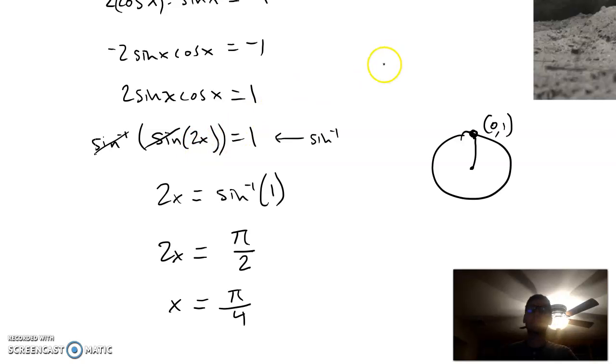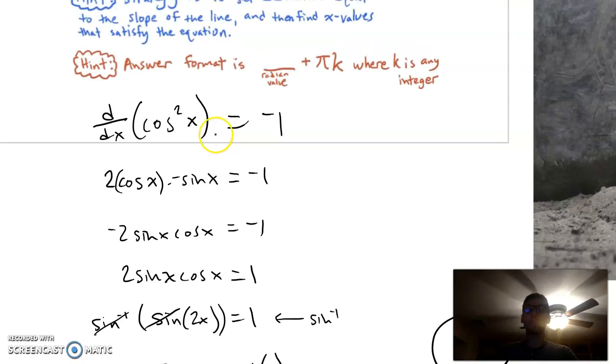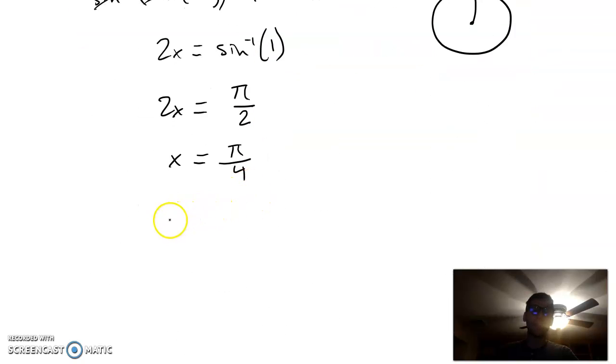So rather, the period is actually going to be pi. So that's why we would have to say it's going to be x equals pi over 4 plus pi k, where k is any integer.